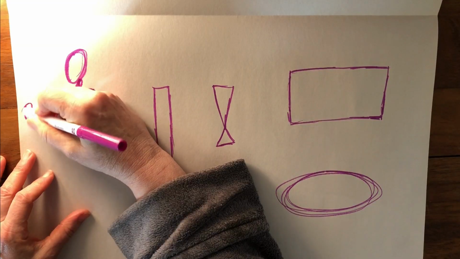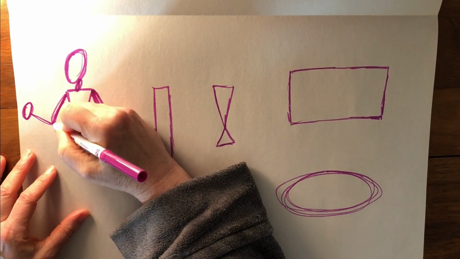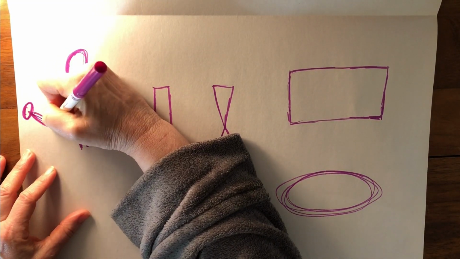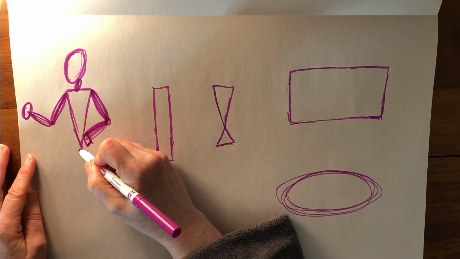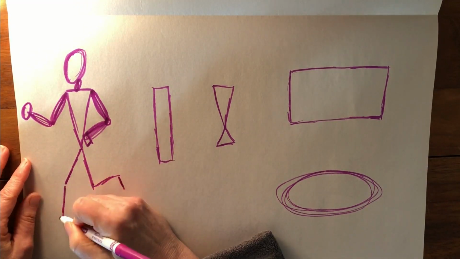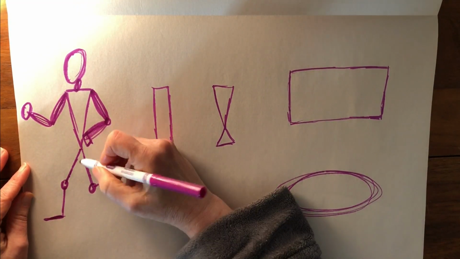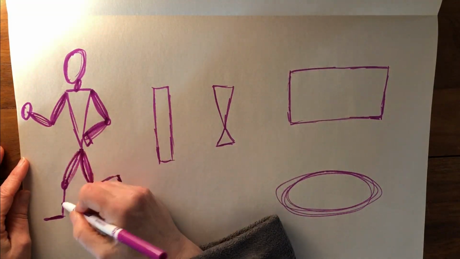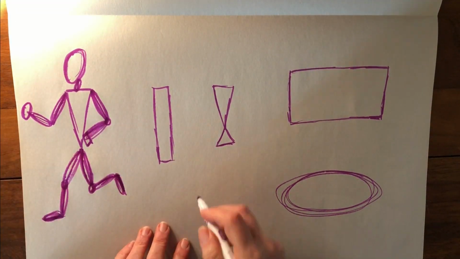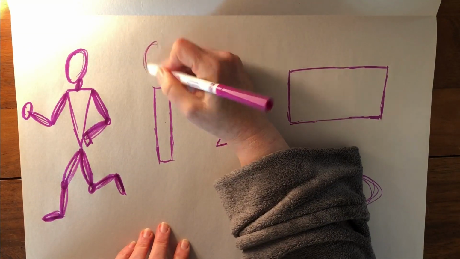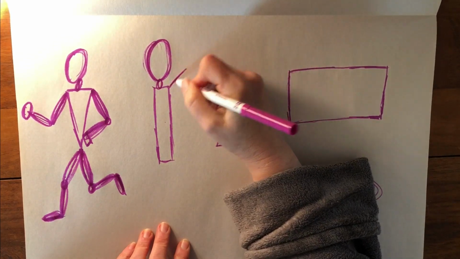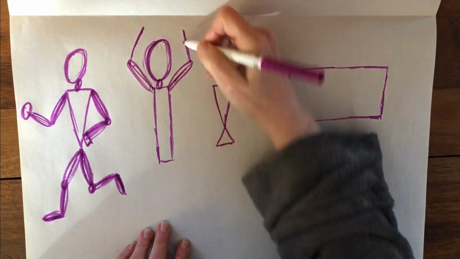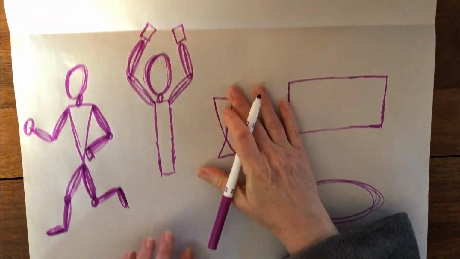Don't forget to draw a shape for the hand. And you can add ovals over your arm lines. Don't forget to add legs. Make sure that at least one of your figures is moving. You can show that by having diagonal lines for the legs that change direction at the knee.